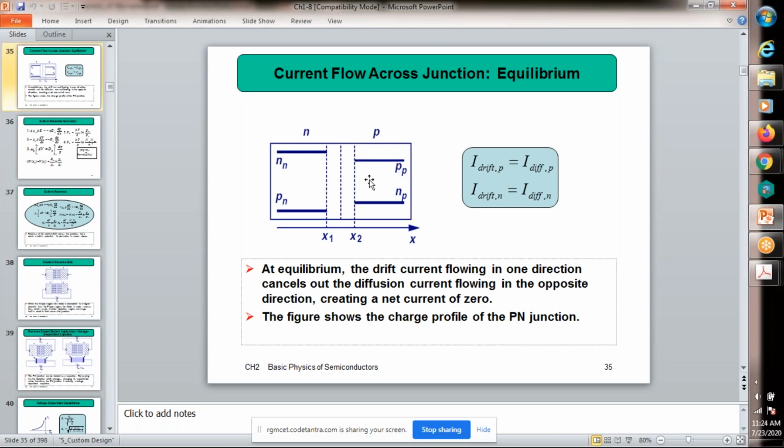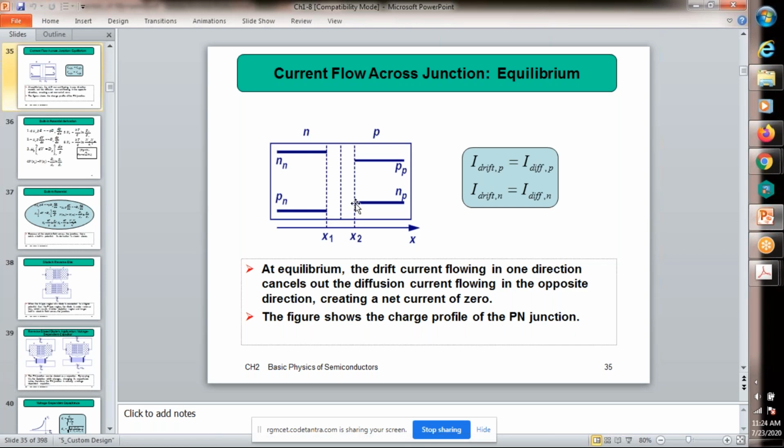So those are the limits here. At x1 what is the hole concentration, and at x2 what is the hole concentration? Observe here, this is the point x1. The hole concentration is pn.